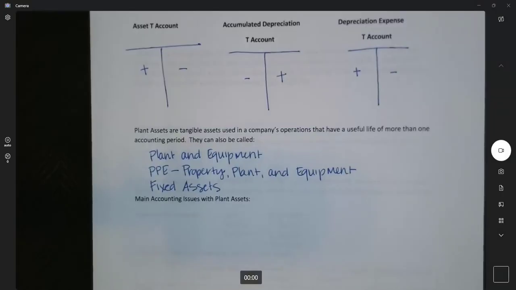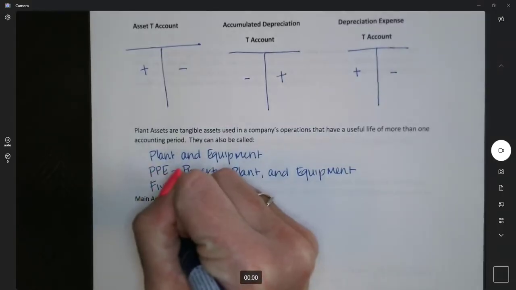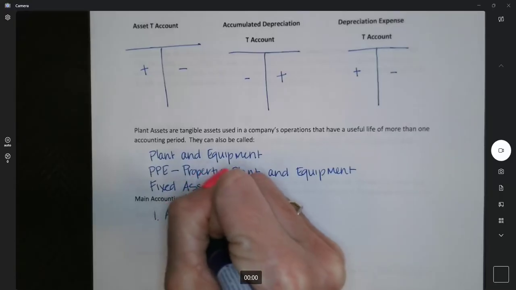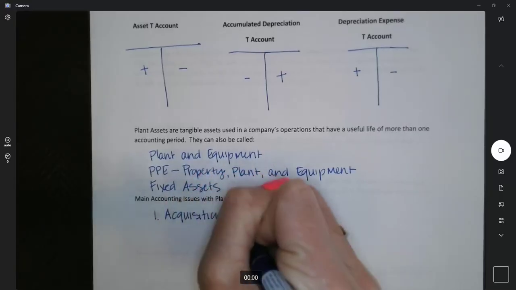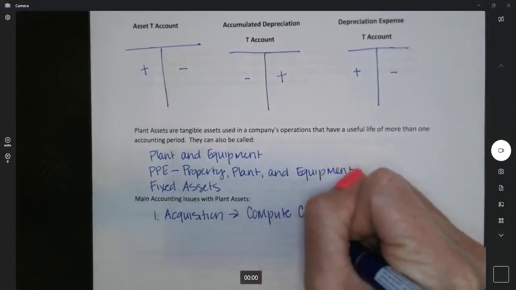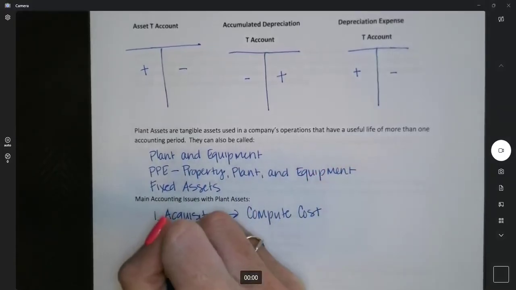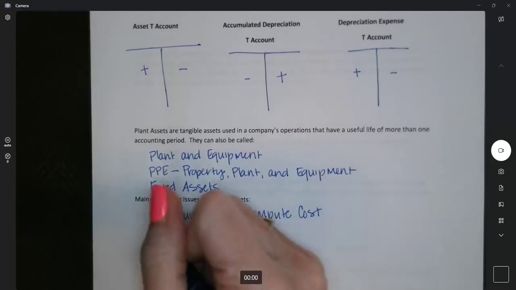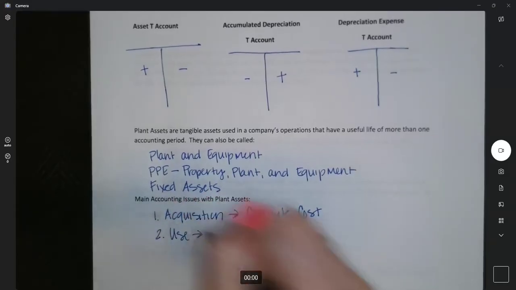The main accounting issues with plant assets that we need to focus on: first one is acquisition. We need to compute the cost. The second one is use, where we allocate the costs over the periods benefited.